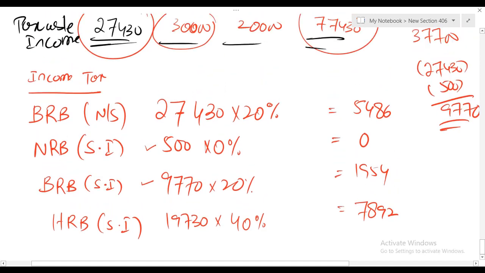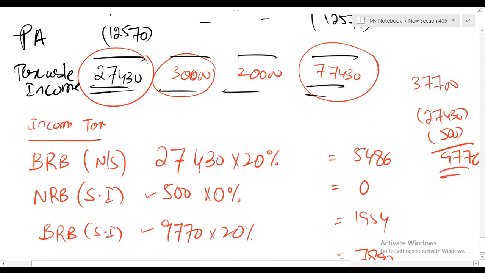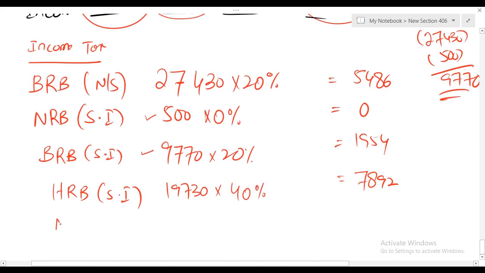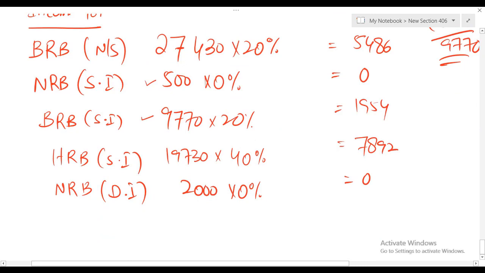Okay, we are done with saving income. Now let's go for dividend income. As for dividend income, I have already discussed: no matter whether the individual is a higher, basic or additional rate taxpayer, every individual gets nil rate band of 2,000. So first nil rate band, dividend income 2,000 into 0%, obviously 0. So from this 20,000, 2,000 falls in nil rate band.